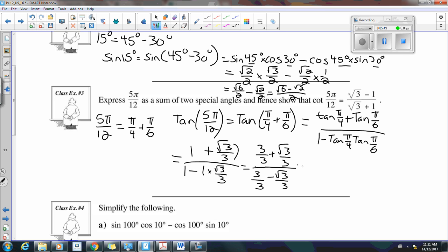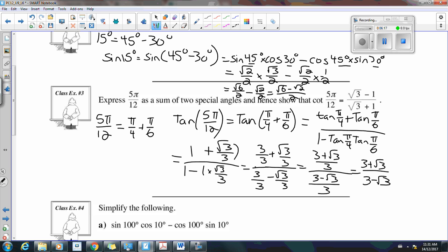So now I have 3 plus root 3 over 3 minus root 3 all over 3. Now those 3's would cancel out, leaving me with this.